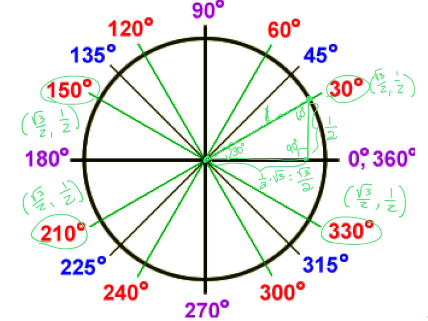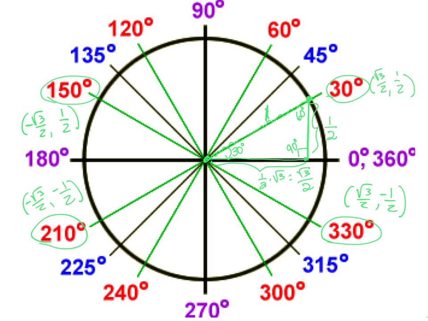Remember that we said anything in the second quadrant had to have a negative x and a positive y. Anything in the third quadrant had to have a negative x and a negative y. And anything in the fourth quadrant had to have a positive x and a negative y.